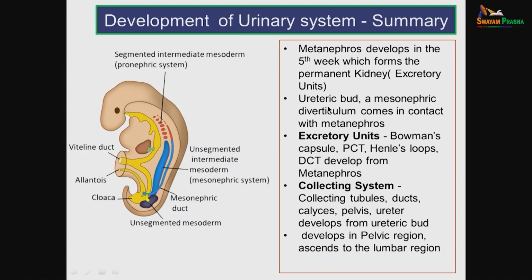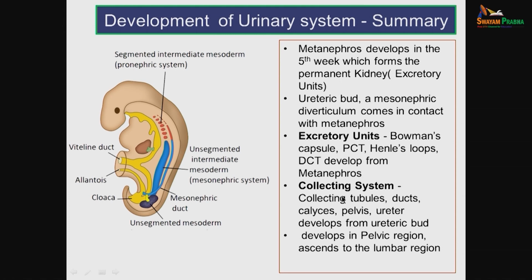Then we talked about the ureteric bud, which is nothing but a mesonephric diverticulum which came in contact with the metanephros, or the metanephric blastema, and induced it to form the nephrons. So, the ureteric bud gave rise to the collecting system, that is collecting tubules, the ducts, calyces, pelvis of the ureter and the ureter. So, there are two sources of development.